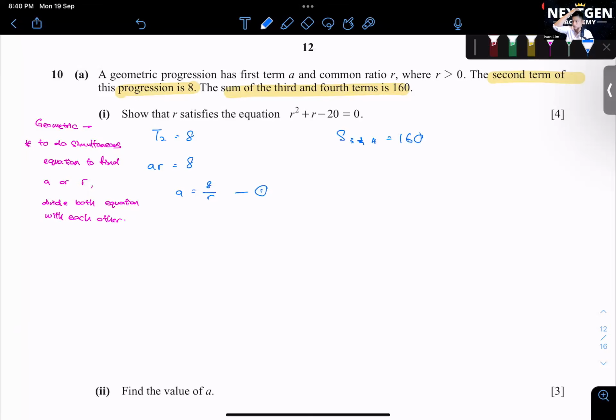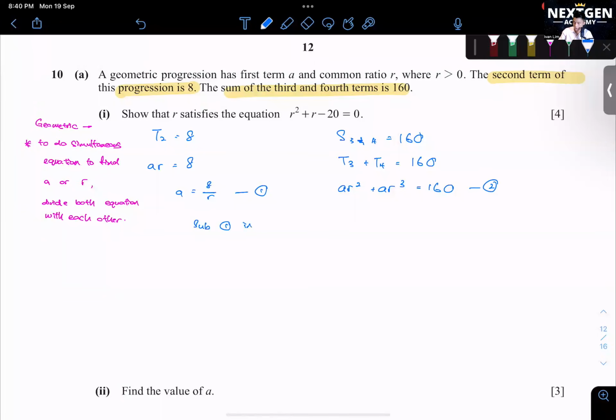So that means your third term and your fourth term, we can just write T3 plus T4, which equals 160. This will give you AR squared plus AR cubed equals 160. You got equation 1, equation 2, you sub 1 into 2.